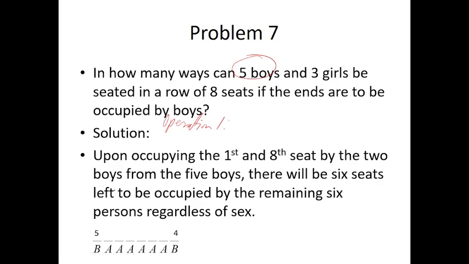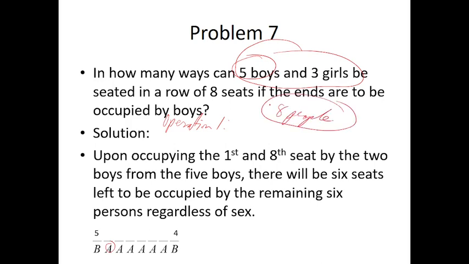Now, the second set, there are no restrictions imposed. We can select any sex, either male or female, either boy or girl. So therefore, we consider the totality of the people regardless of sex. So we have here 5 boys and 3 girls. We have 8 people.